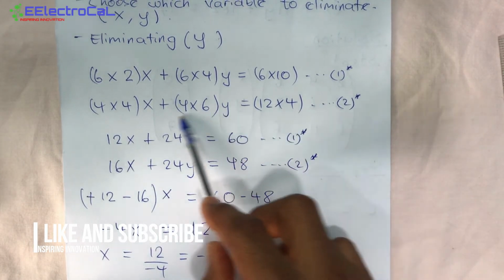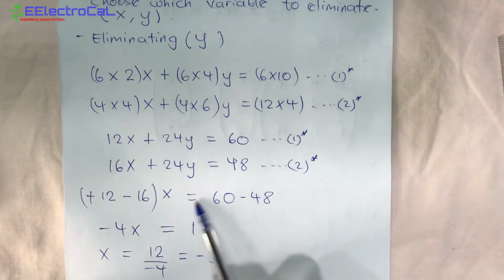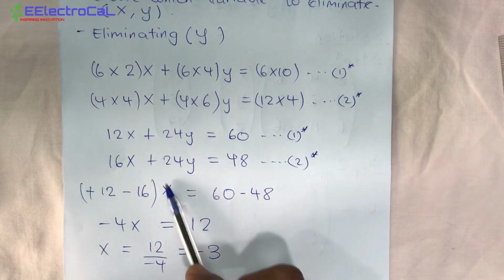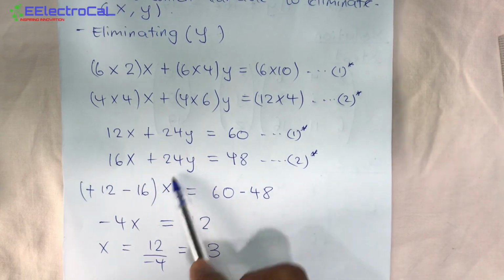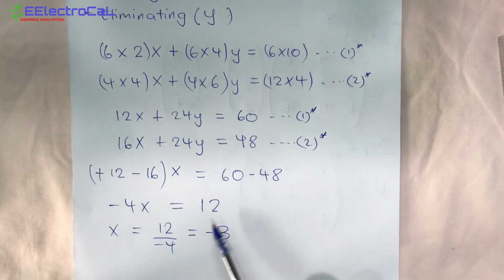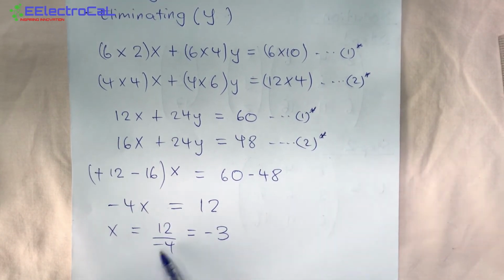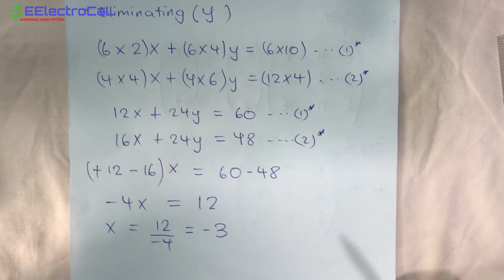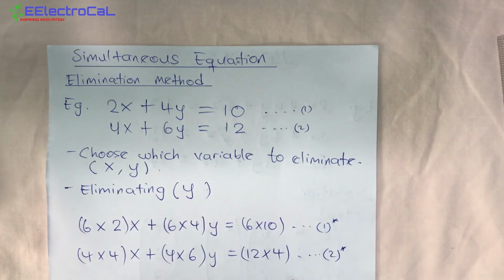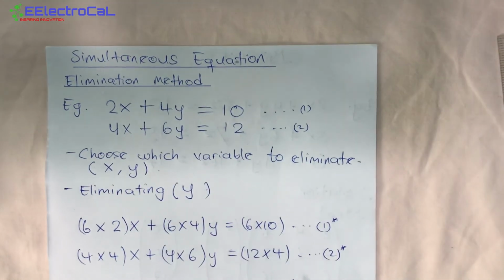This gives us minus 4x equals 12. To find x, we divide through by minus 4, and x is equal to minus 3. So basically the elimination gives us one value of x, which is minus 3.